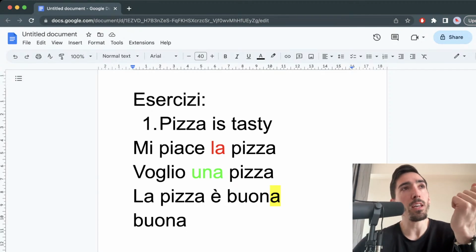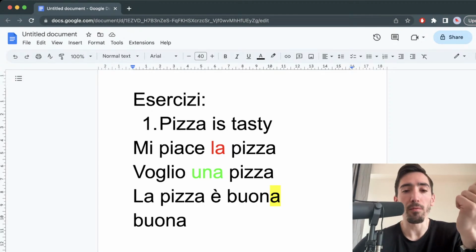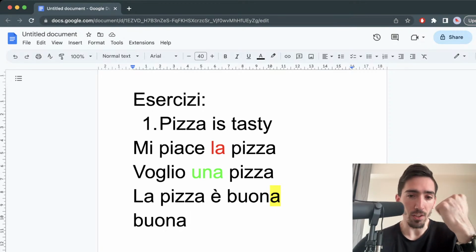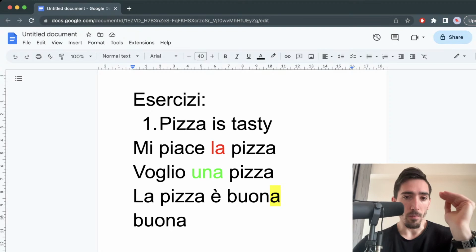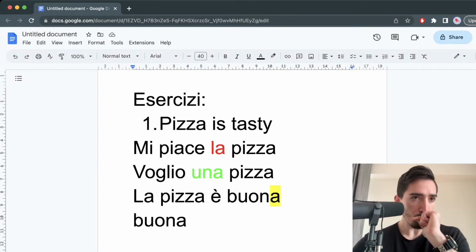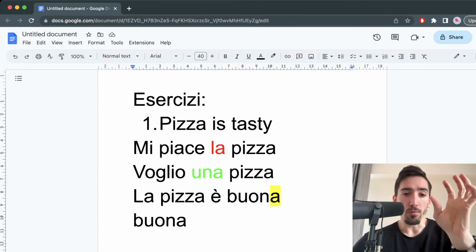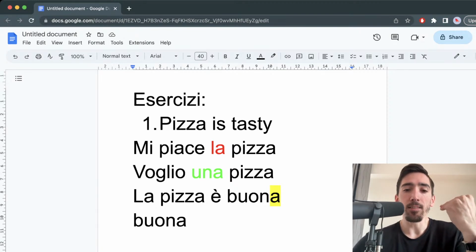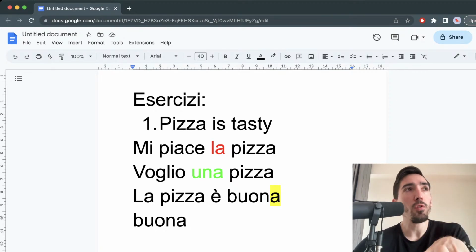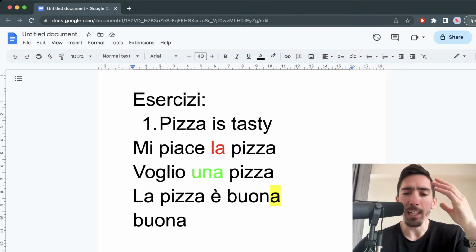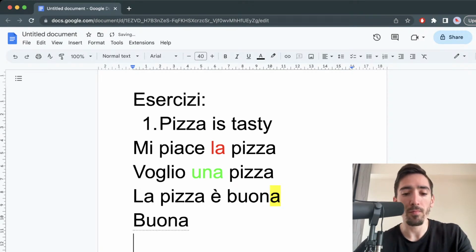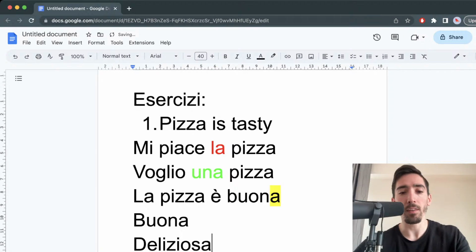So it can actually be helpful for a beginner to shy away from such adjectives and stick with very precise sort of mono-use adjectives. For example, delizioso is something that is tasty, and it cannot be used in any other way, or at least I can't think of any other way to use the term delizioso. Deliziosa, in this case.